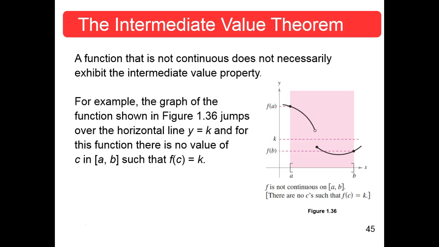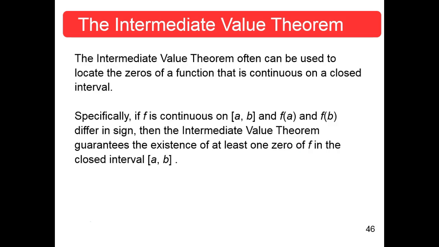Okay. For example, this, I think we beat that dead horse. Any questions? The intermediate value theorem often can be used to locate zeros of a function that is continuous on a closed interval.